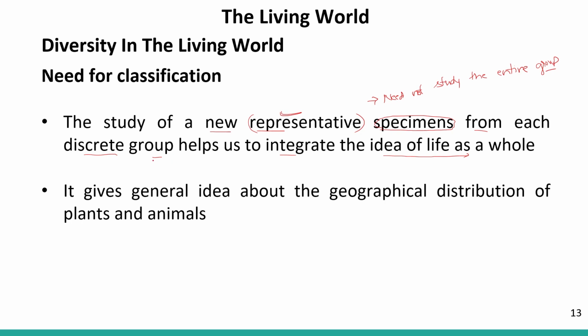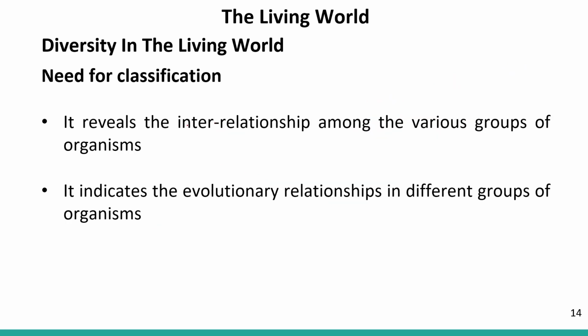Now, next point is it gives a general idea about the geographical distribution, where plants or animals or whatever are located. And then next point is it reveals the interrelationship among the various groups of organisms.